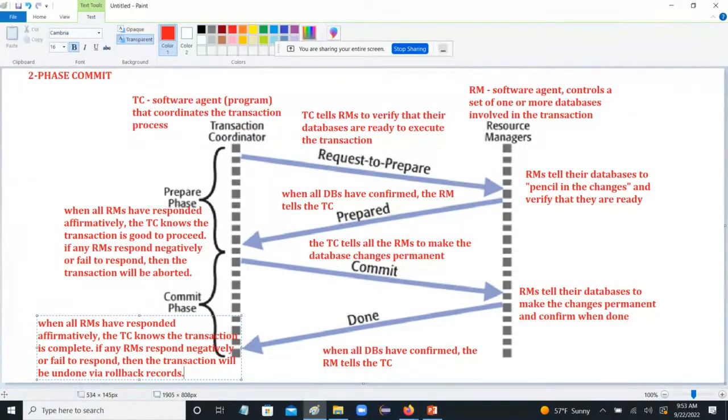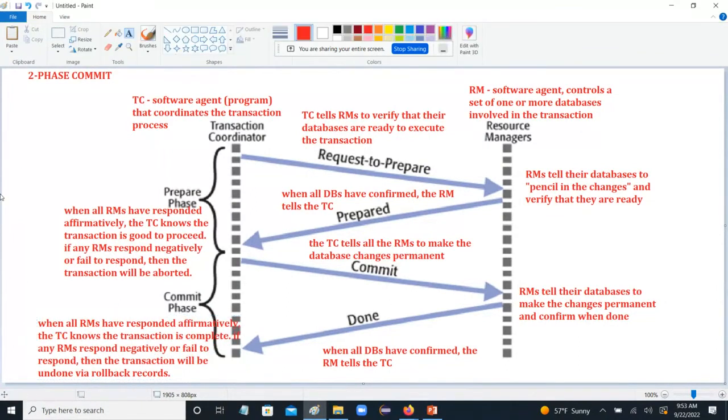Okay, so there is a slight difference, right? At the end of the prepare phase, if any of the resource managers fail, well, the transaction hasn't been made permanent on any of these databases yet, right? The transaction elements are waiting in the queues to get processed. But at this point, in the commit phase, some of the resource managers might have actually had their databases make the changes permanent, right? So at that point, you've got to use the rollback records.